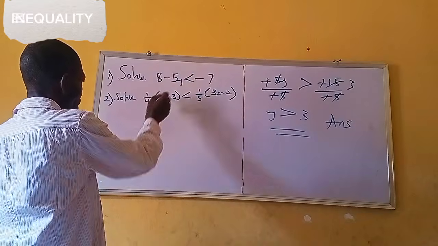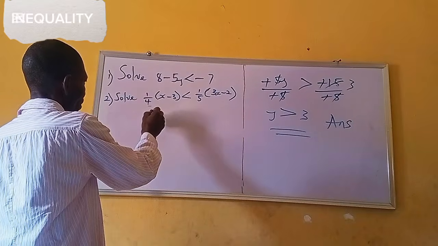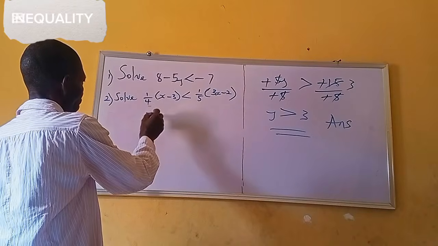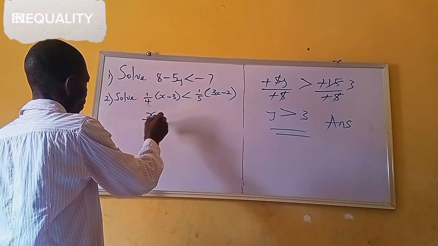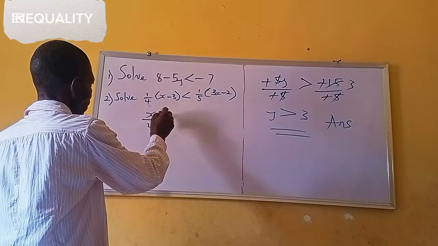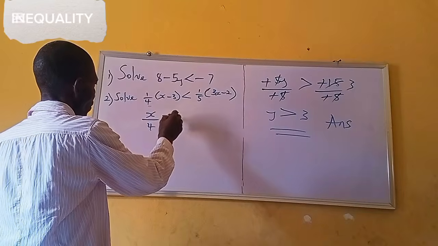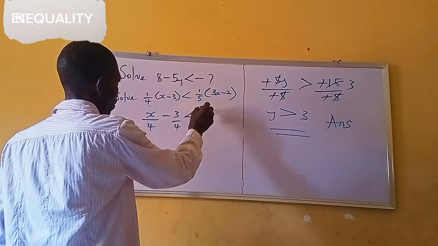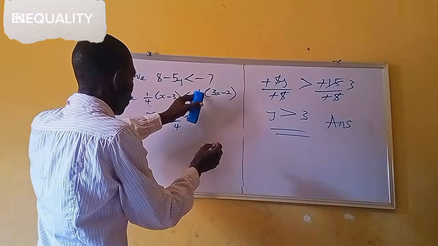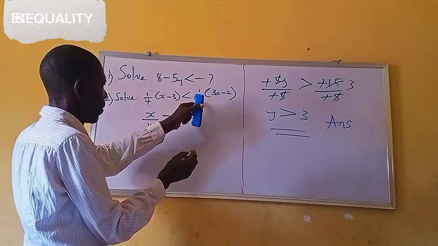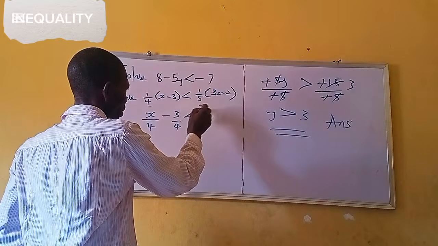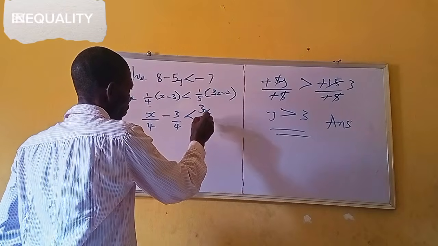So here we have x over 4 minus 3 over 4, less than 1 over 5 times 3x, that will give us 3x over 5.